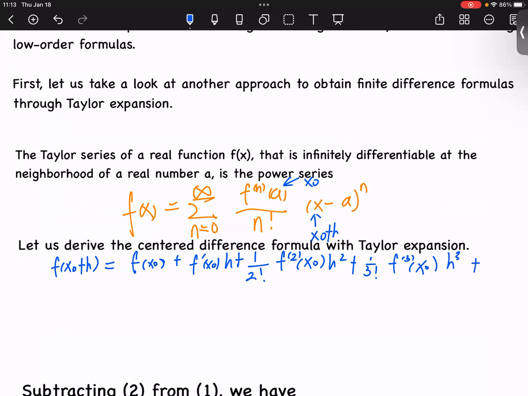I have the h cubed, h to some power here. That is because x is x0 plus h, and then minus x0, and that is just h, with the order of n. So now I also have the fourth term, and I'm going to write a lot of terms here.